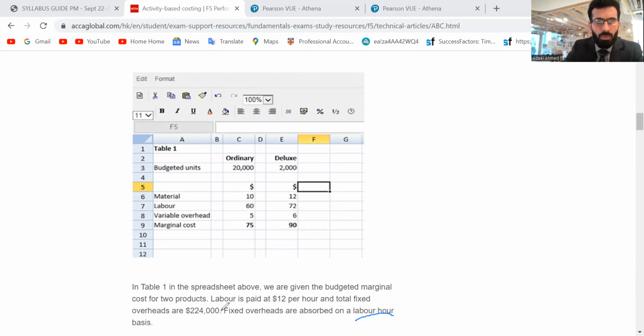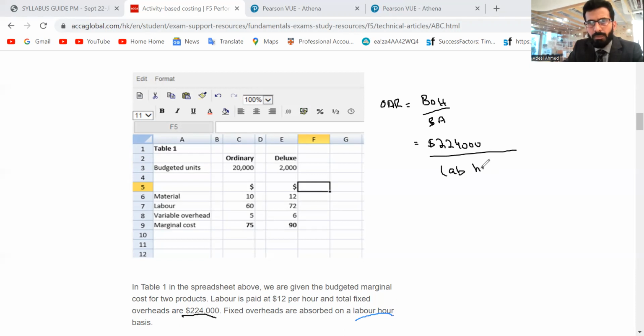When calculating the overhead absorption rate, I will use the formula budgeted overheads divided by budgeted activity. Budgeted overheads are 224,000, which needs to be divided by the total number of labor hours.